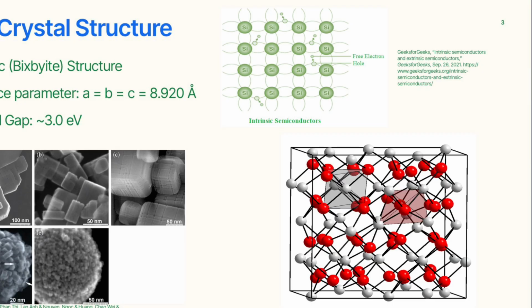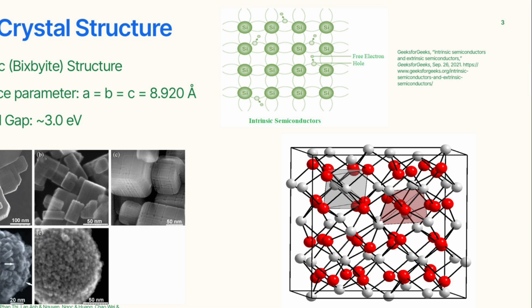These vacancies are due to the high oxygen vacancy tolerance. The bixbyite structure accommodates oxygen vacancies without structural collapse, which is crucial for its N-type conductivity, primarily due to the oxygen vacancies that act as donor sites, providing free electrons leading to its intrinsic conductivity.